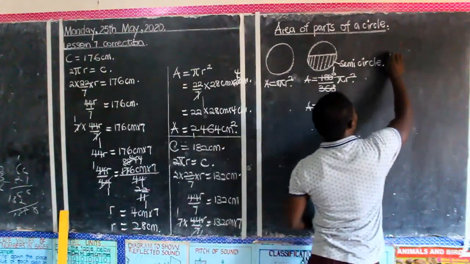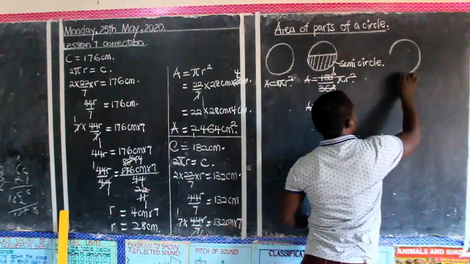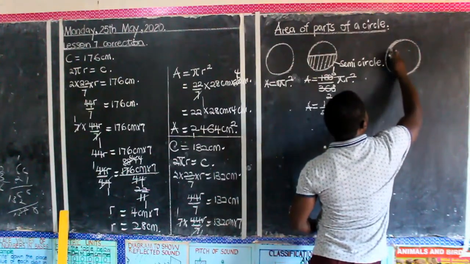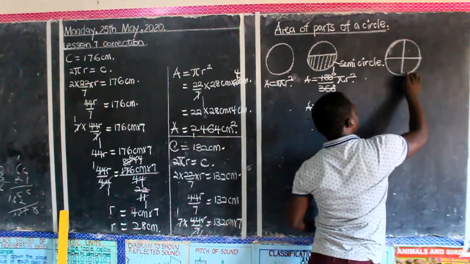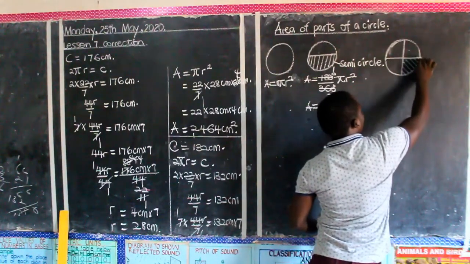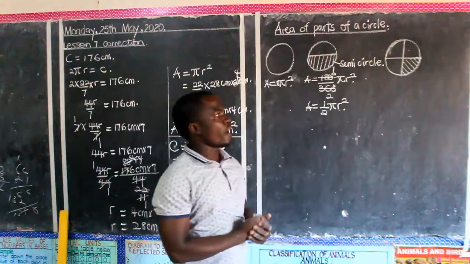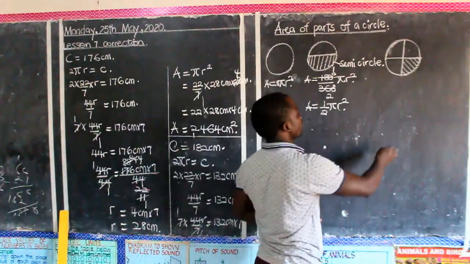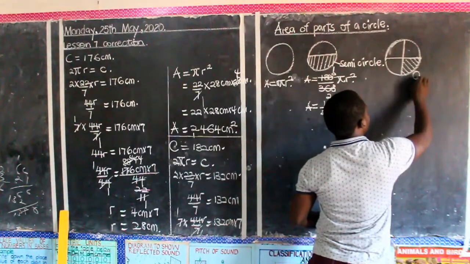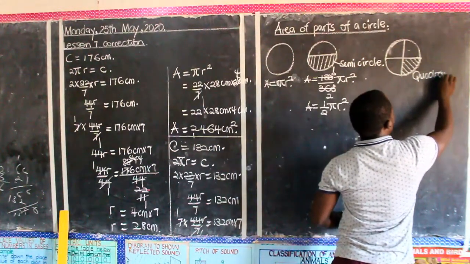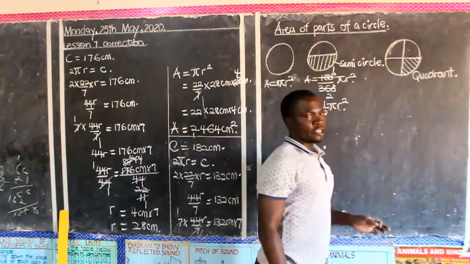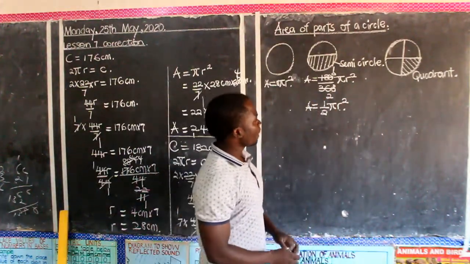Then, when you also come to this shaded one, it is called a quadrant. A quadrant. It is a quarter of a circle.